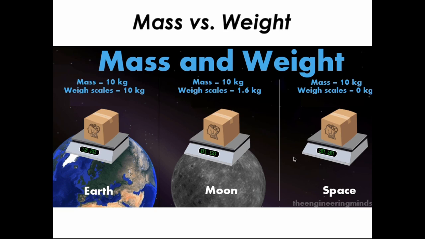We know that mass is the amount of matter in an object, whereas weight is the amount of force an object exerts on earth. So it has to do with the force of gravity. Yes, if you move from earth to moon to space, you are going to remain the same size, but your weight is going to keep on changing.